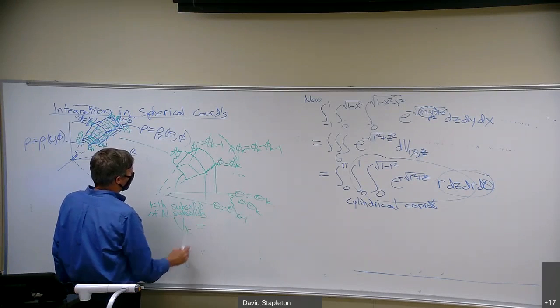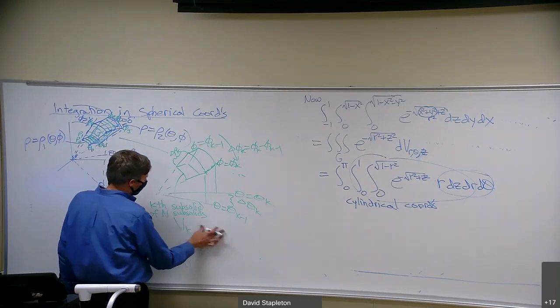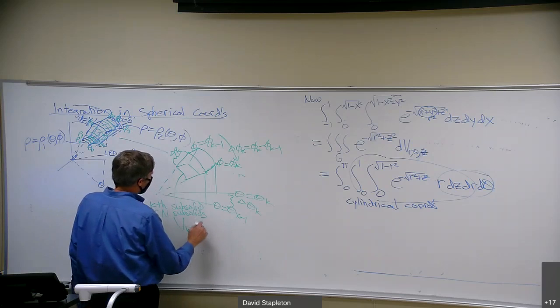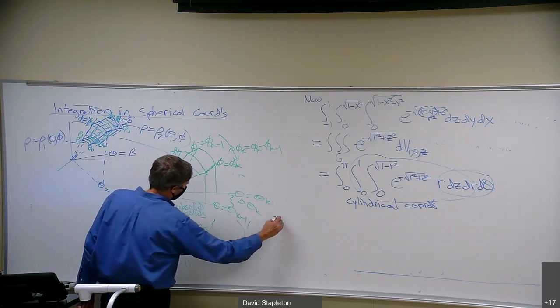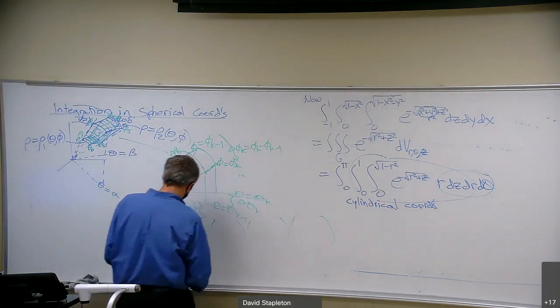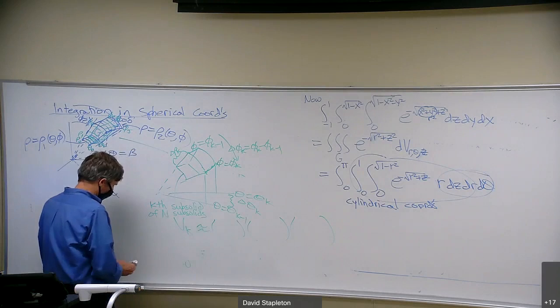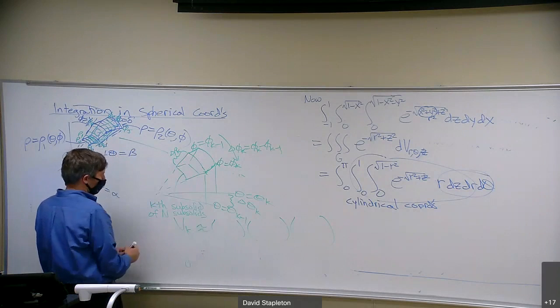What is it? It's approximately equal to the approximate length times the approximate width times the approximate height, right? So I can take length times width times height approximately. Well, the length could be delta rho k.